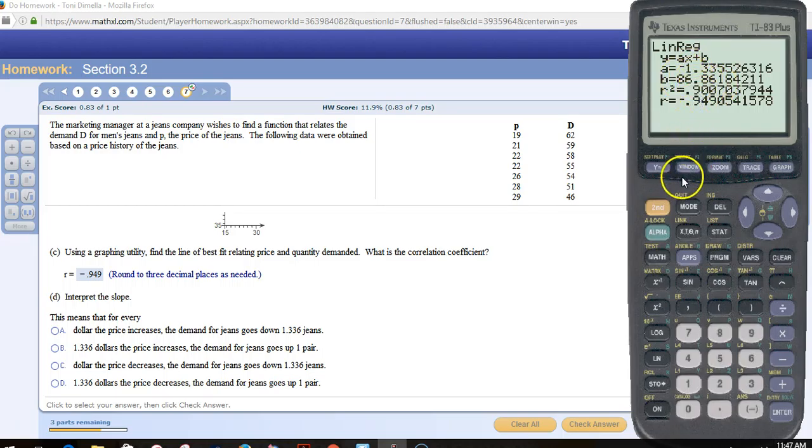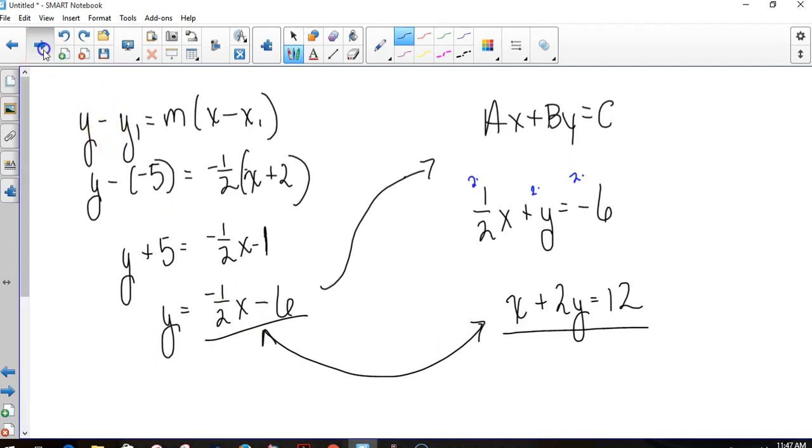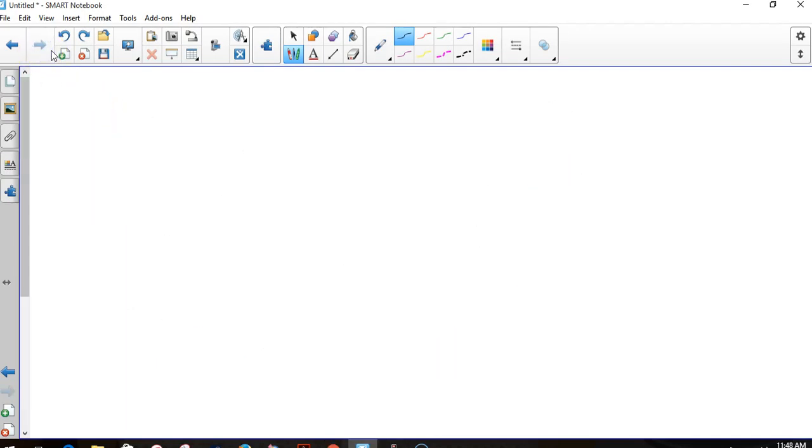Remember, it's y over x. So if I have a negative 1.336 over a 1, and this is my y value, so that's demand, over my price.